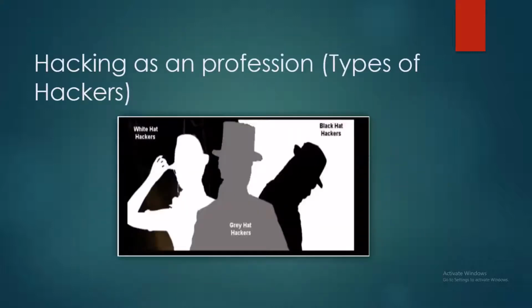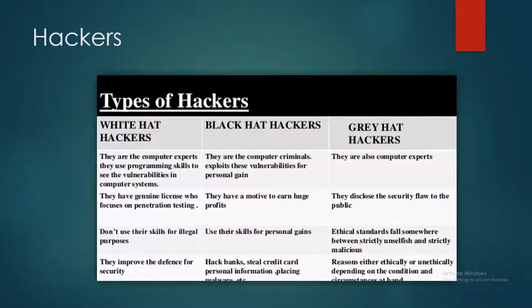Then we'll look at some of the hacker professions. What are the types of hackers, like white, gray and black hat hackers. Again, as I said, white hat hackers would be our ethical hackers, and black hat would be the guys trying to exploit us for their own gain.